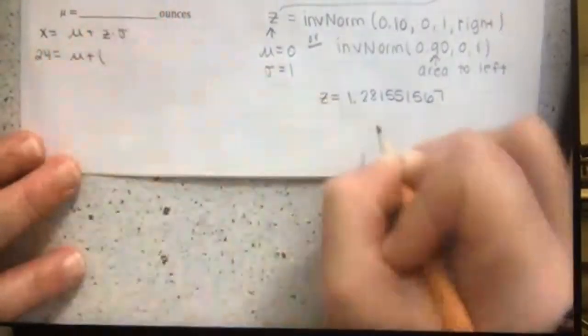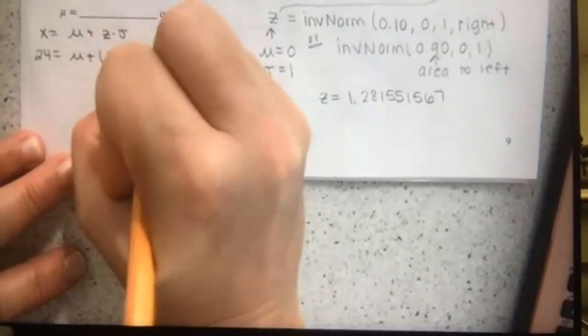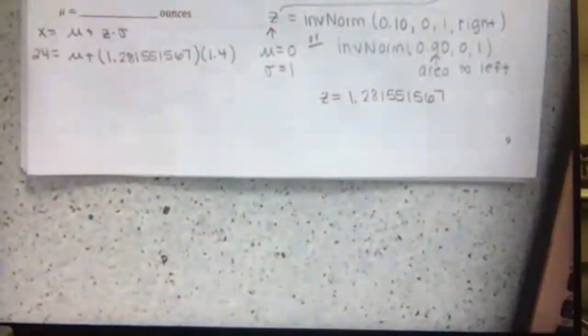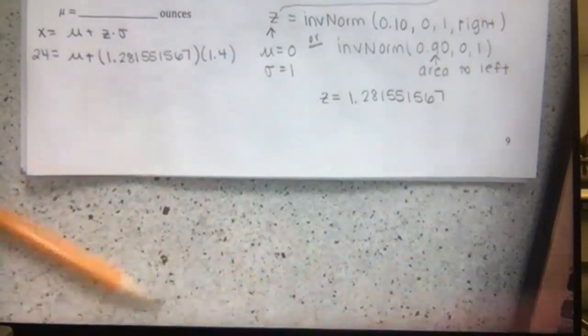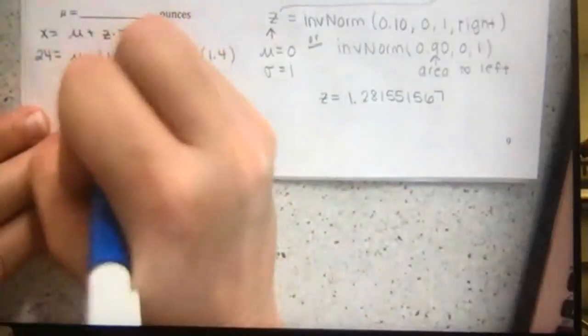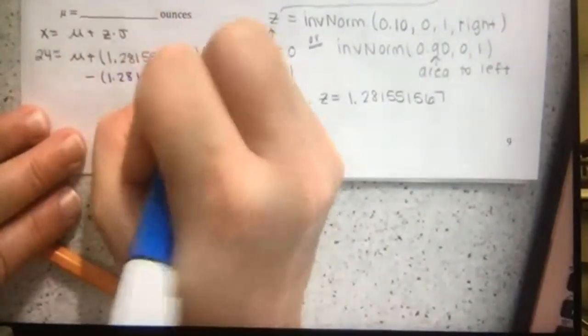Plus our Z value, which we just found, which was 1.281551567. And our standard deviation they told us was 1.4. So to get our mean by itself, I can subtract 1.281551567 times 1.4 on both sides.